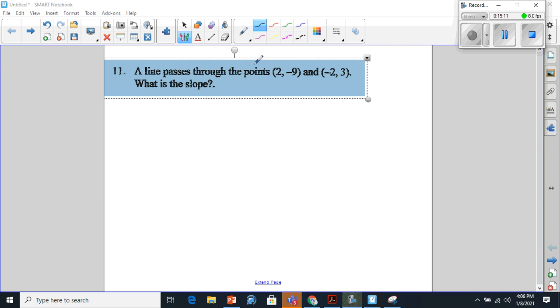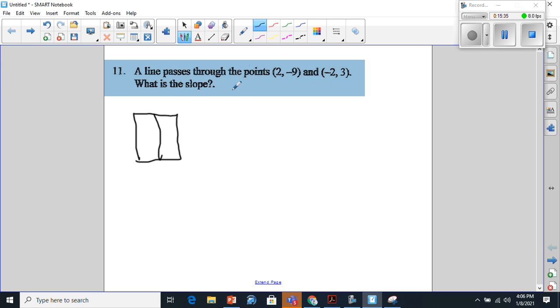This one says a line passes through the points (2, 9) and (-2, 3). Well, if I was going to work this, let's just say I had a table here. In this table, remember x is the first number, so when x is 2, y is 9.